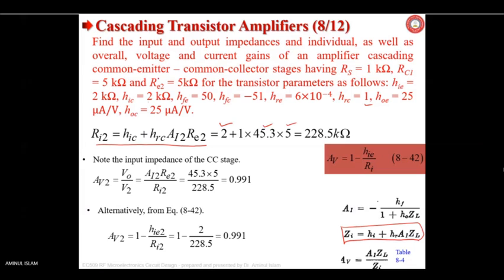Ultimately we get this value, 228.5 kilo ohm, the input resistance of Q2, which is connected in a common collector or emitter follower configuration. Is it understood, everybody? Yes or no? Bushra? Yes, sir.